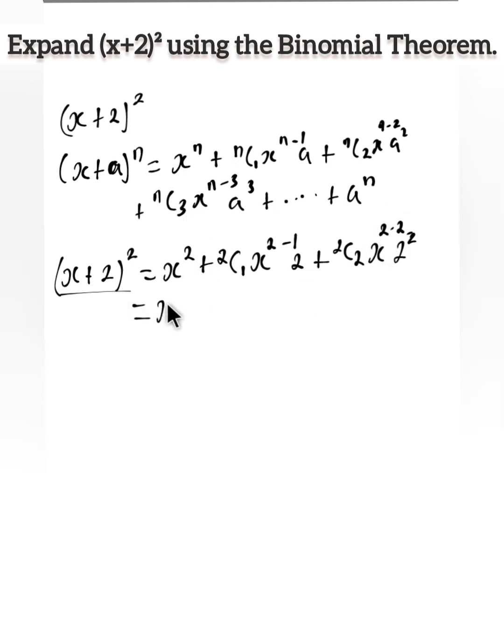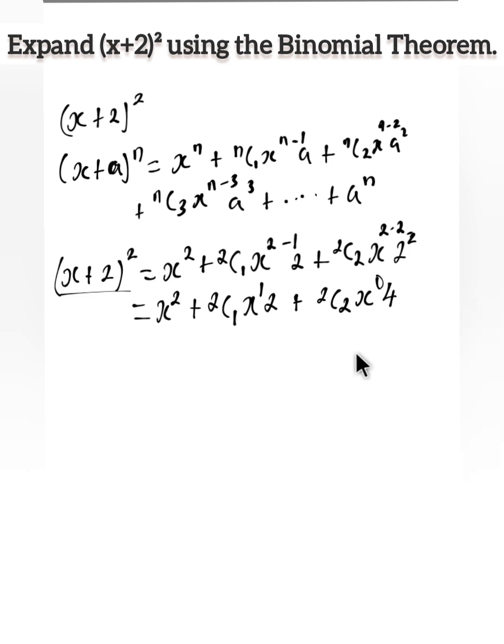This becomes x squared plus 2 combination 1, x raised to the power 1, because 2 minus 1 is 1, then times 2, plus 2 combination 2, x raised to the power 0, then 2 squared is 4.